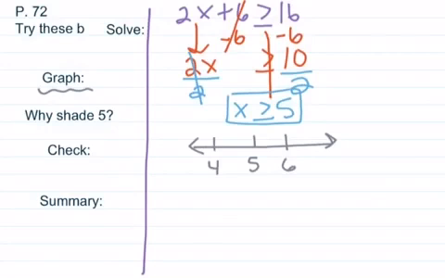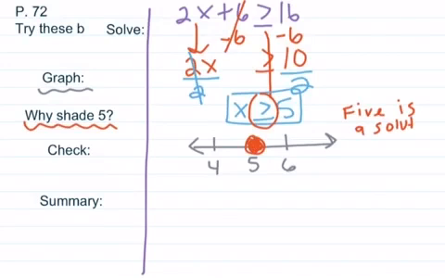So am I going to shade 5? The answer is yes, and I need you to tell me why. Looking at this, x is greater than or equal to 5, so 5 is a solution. Why shade 5? Because 5 is a solution, and we are shading solutions.